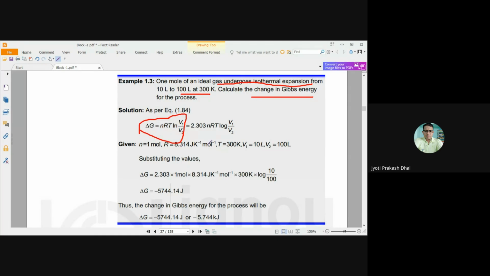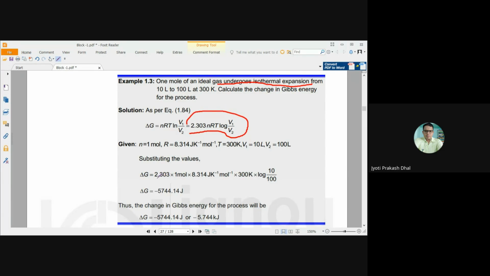The natural logarithm will be converted into logarithm base 10, so 2.303 will be multiplied: 2.303 nRT log V1 by V2.